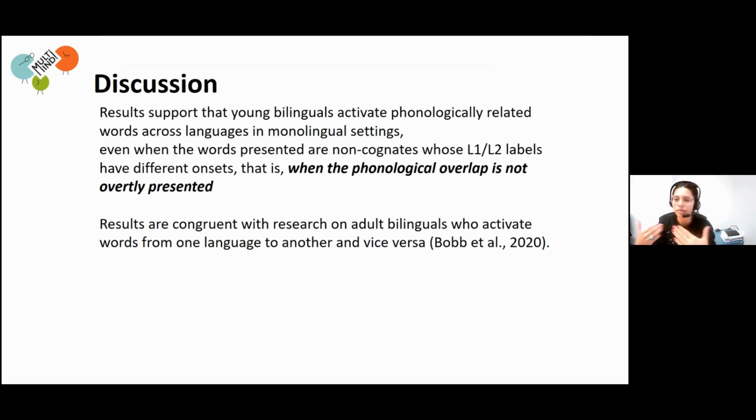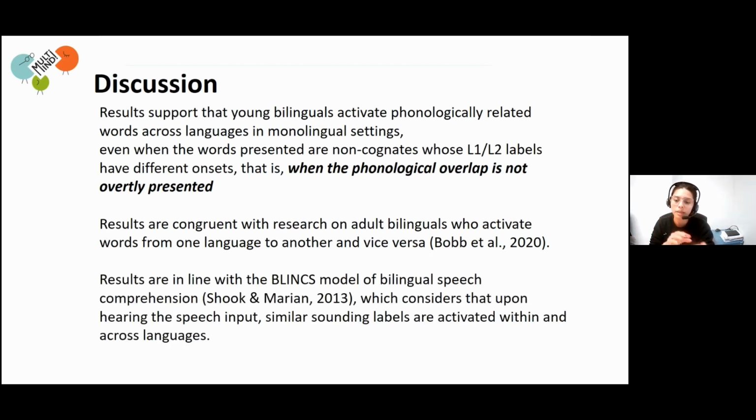And we also found these kinds of effects going from one language to the other and vice versa. These results also fit really well with the BLINCS model that I presented at the start of the talk, which considers that upon hearing a word, similar sounding words are activated within and across languages.